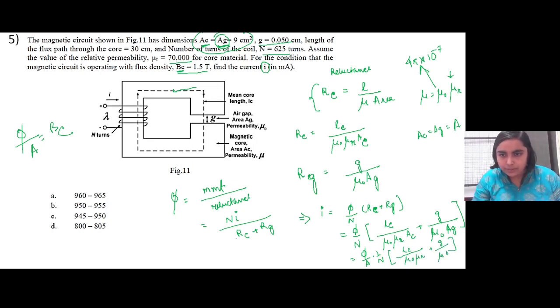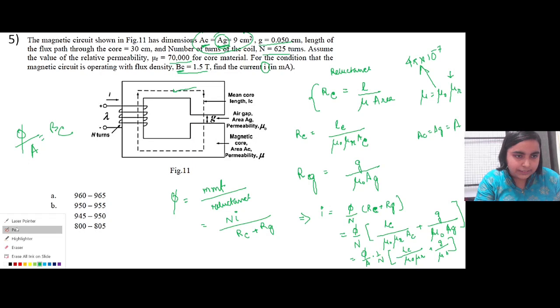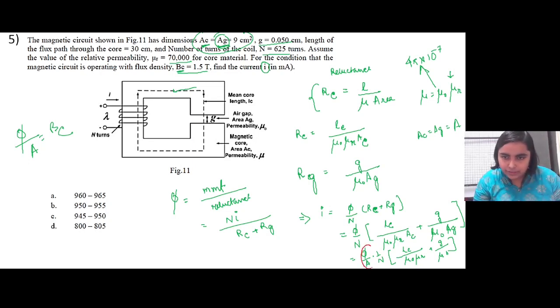This will be the final expression, right? Now this phi by A we can write in terms of the flux density, so we can equate this to Bc.